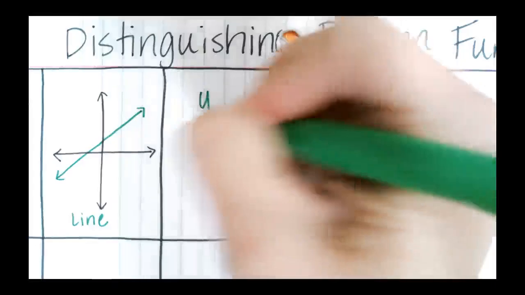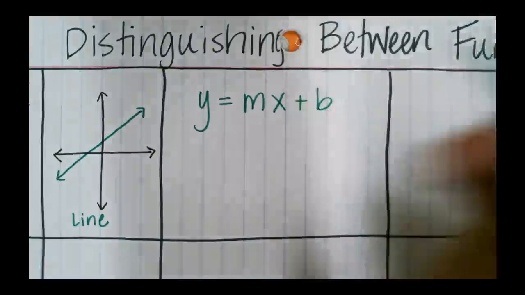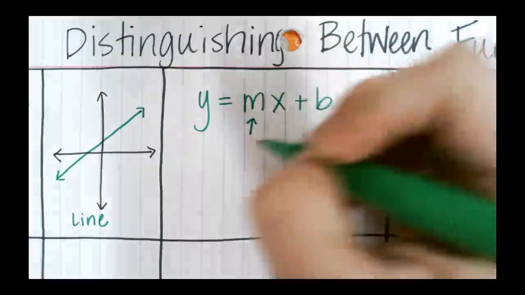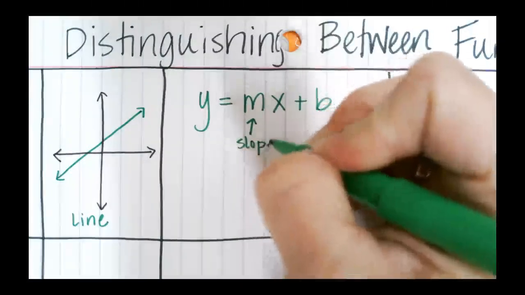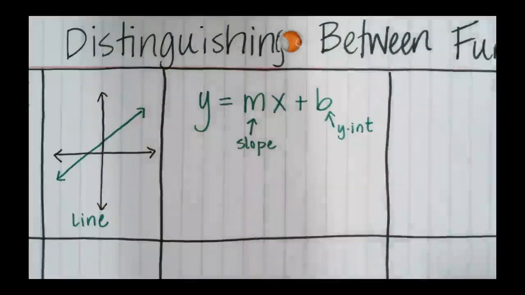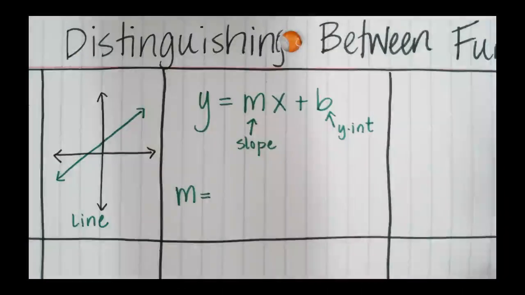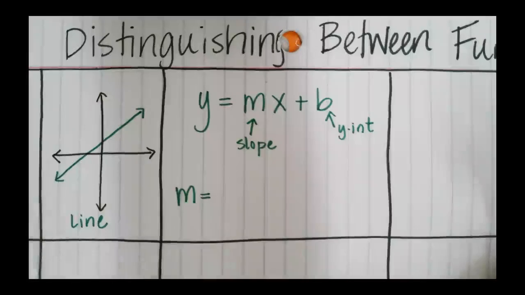The most common formula is y = mx + b. The m represents the slope. The b represents the y-intercept. We've been talking a lot about slope lately because we've been using it even though we haven't been doing linear.